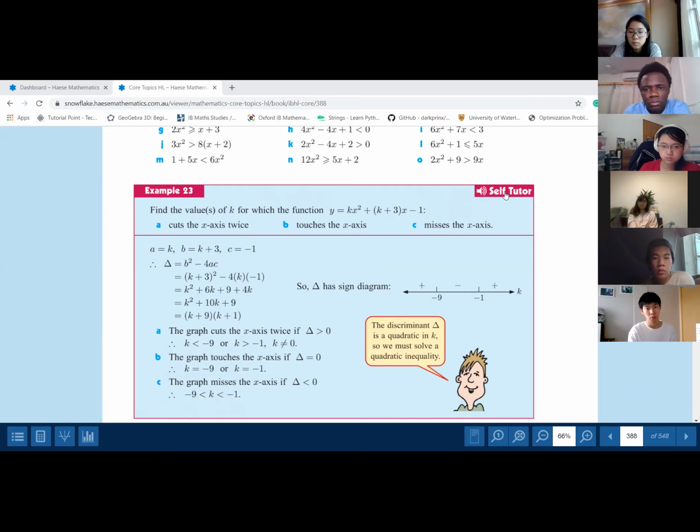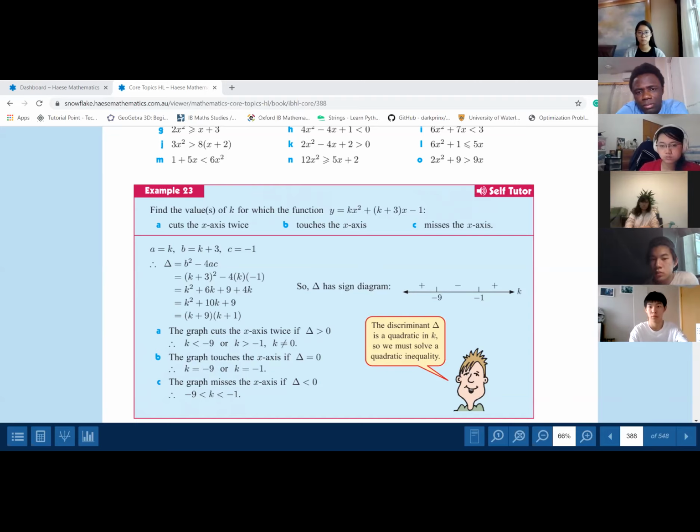In part A, the graph will cut the x-axis twice if the discriminant is positive. Can you see all the calculation before we even started part A? This is to avoid unnecessary details in every question, since they are all common. From the sign diagram, the discriminant is positive when k is less than -9 or when k is greater than -1.